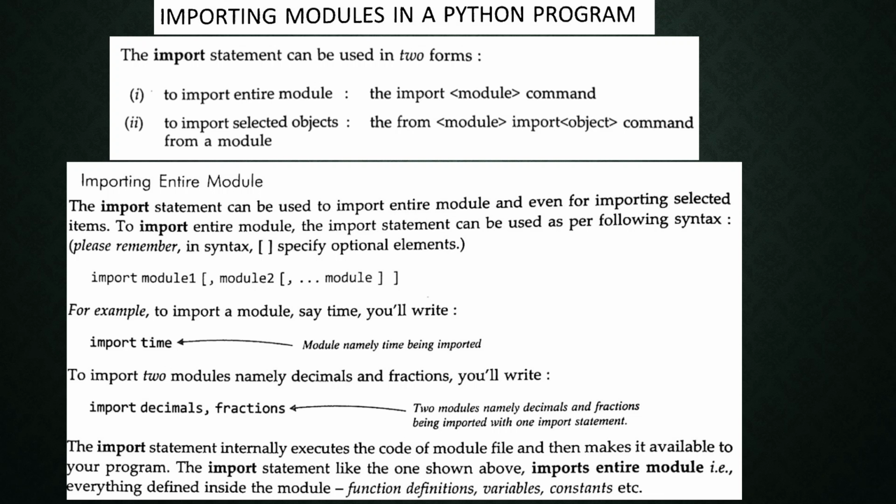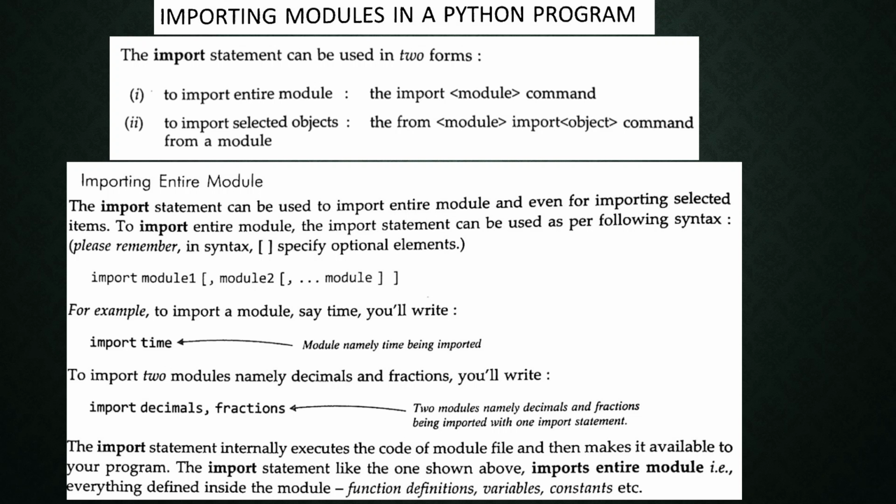To import the entire module, the import statement can be used with the following syntax. See here: import module1, module2, module3, etc. Import just the module names, module name 1, module name 2, module name 3, with the comma separator.